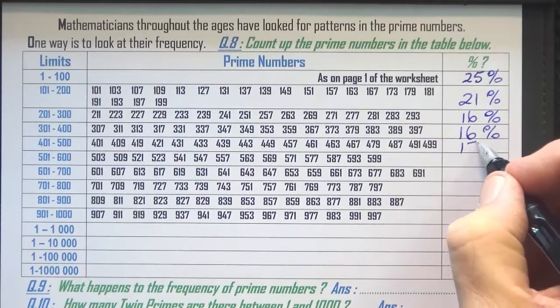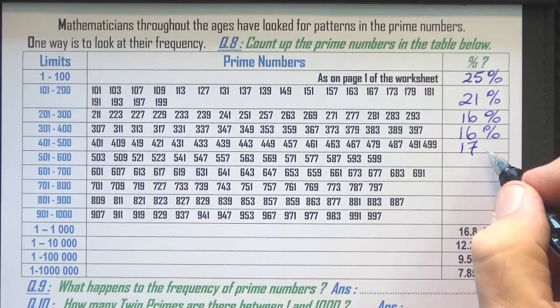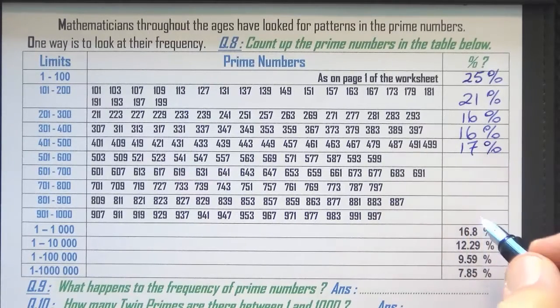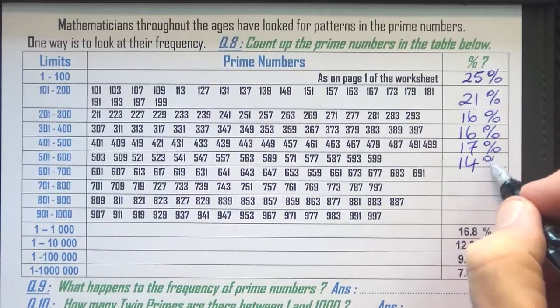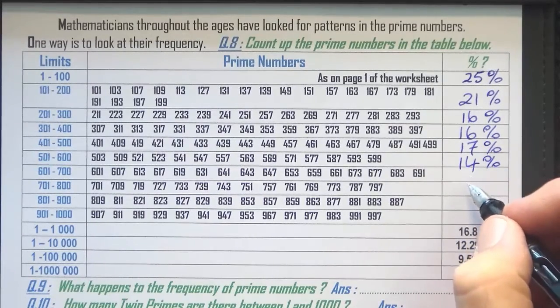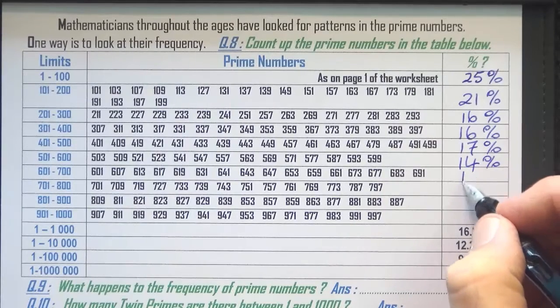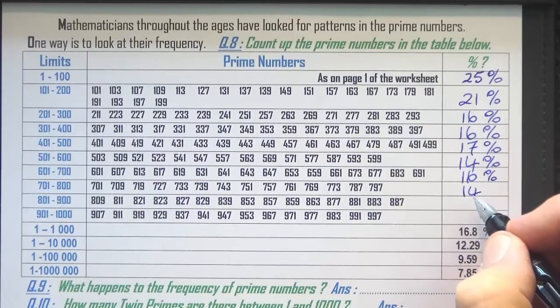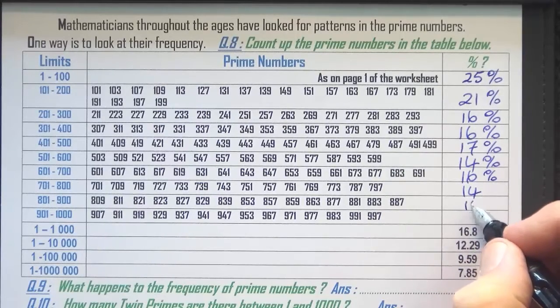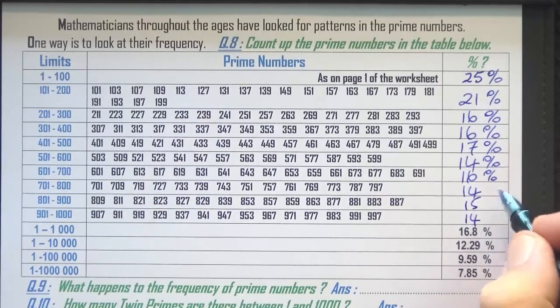There's 17 between 401 and 500. Only 14 in the next 100. 16, 14, 15, and 14.